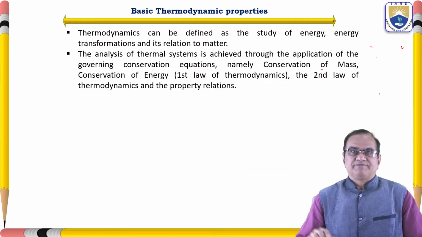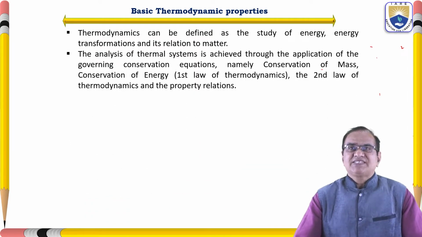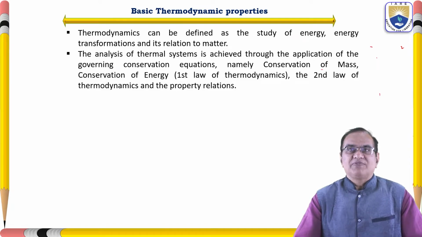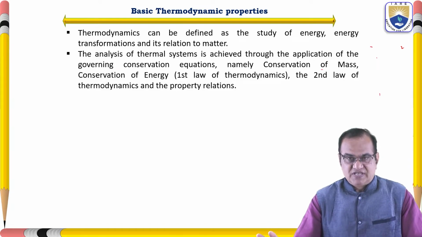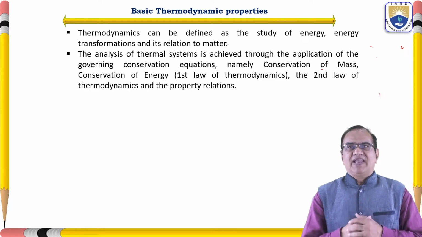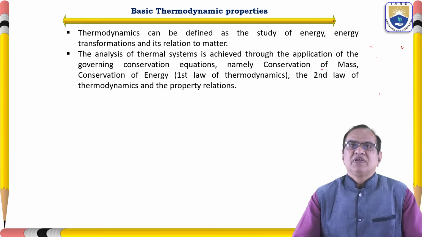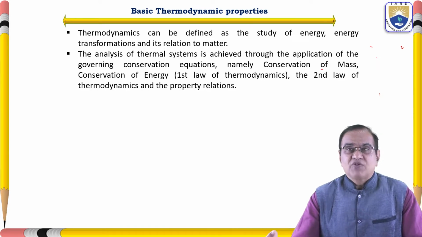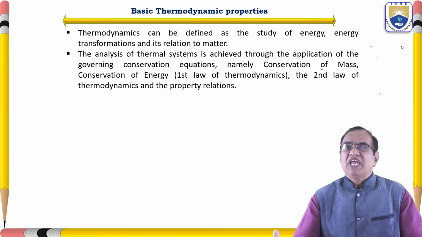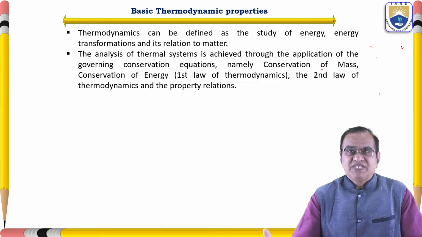The analysis of a thermodynamic system is achieved through the application of the governing conservation equations. Namely, we have mainly three governing equations: conservation of mass, conservation of energy, and conservation of momentum.